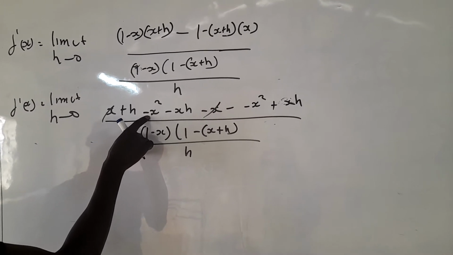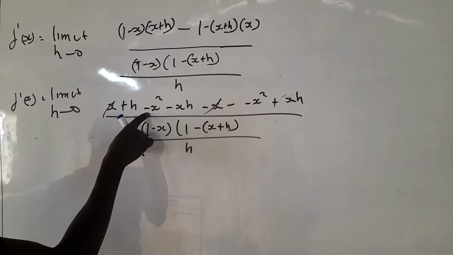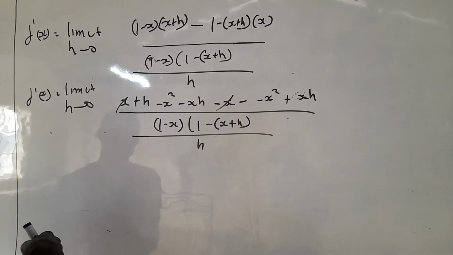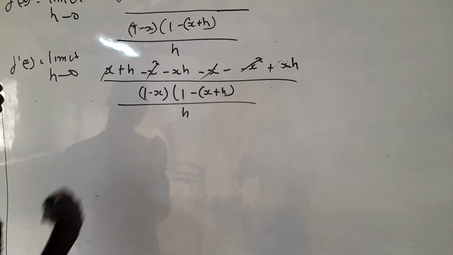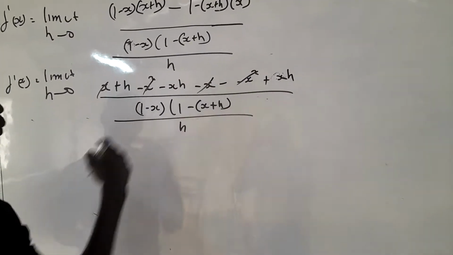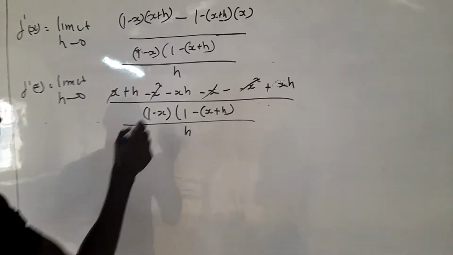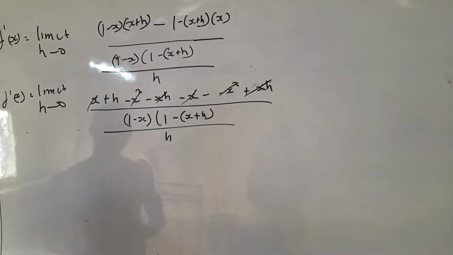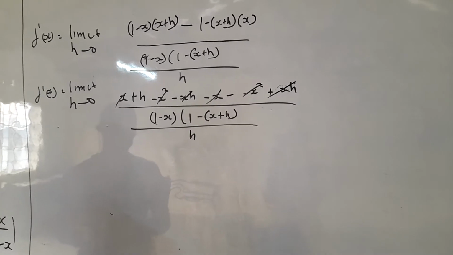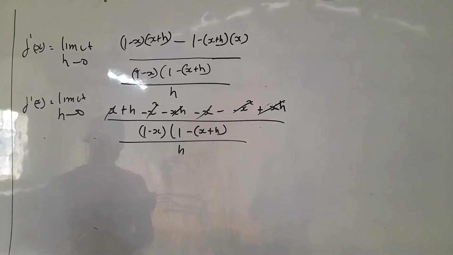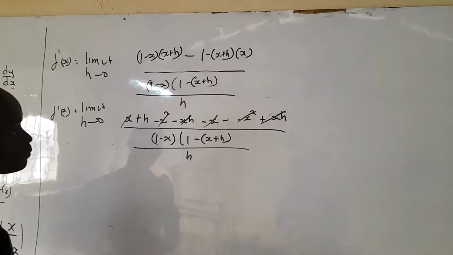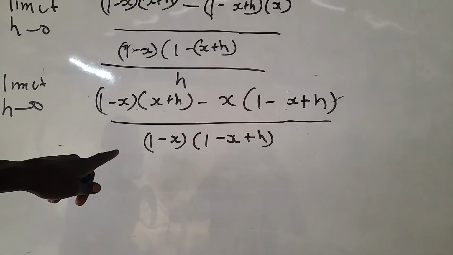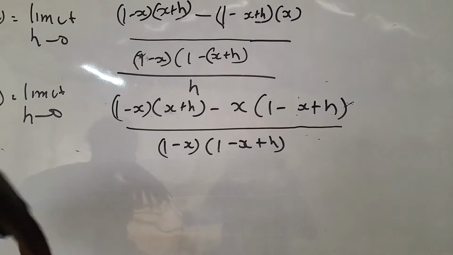I have x squared and x squared. So this and this will go. Then this is what I'm going to remain with. Yeah, we have to start from here.